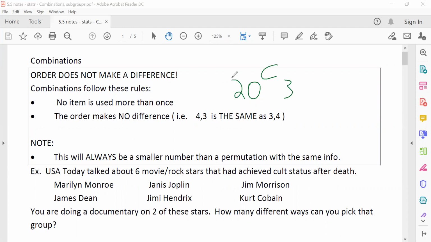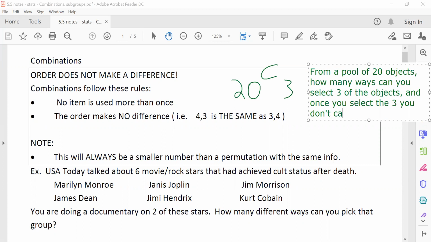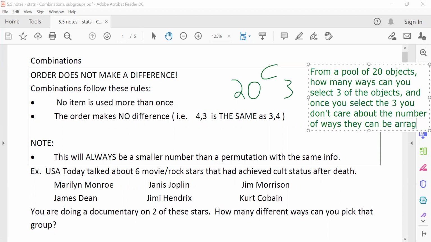This means from a pool of 20 objects, how many ways can you select 3 of the objects, and once you select the three, you don't care about the number of ways they can be arranged.